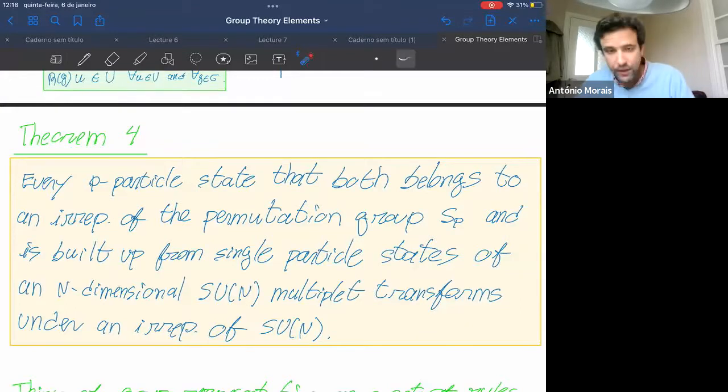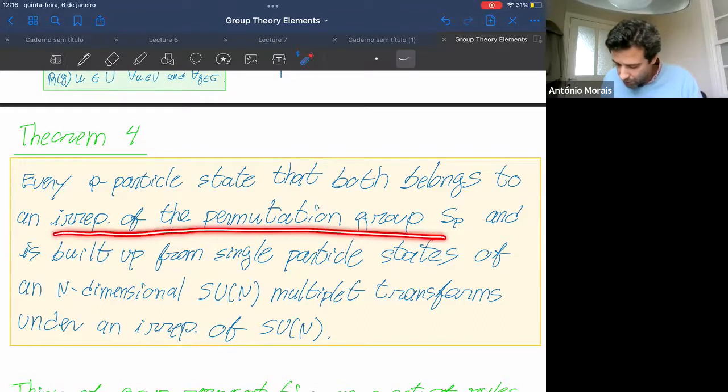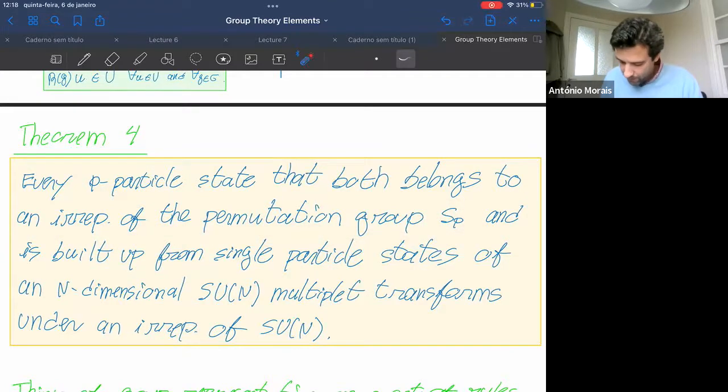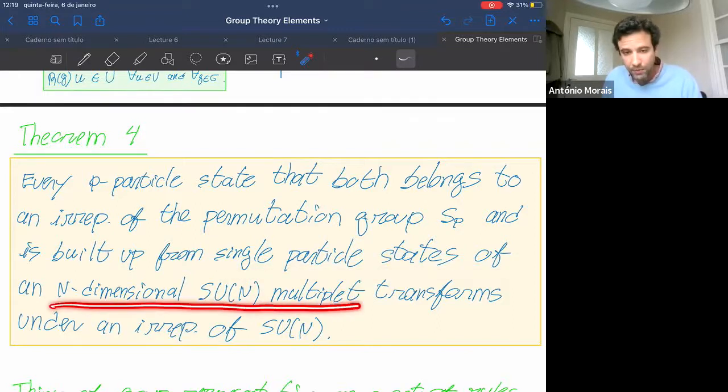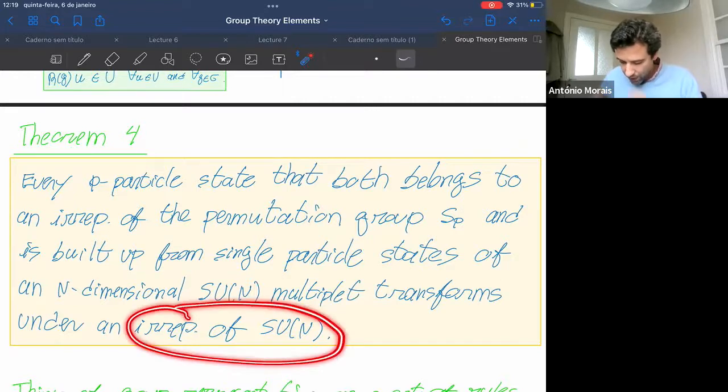But the result is this: every p-particle state that both belongs to an irreducible representation of the permutation group and is built up from single particle states of an n-dimensional SU(N) multiplet transforms under an irrep of SU(N).